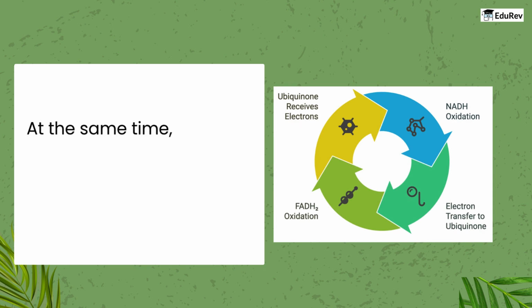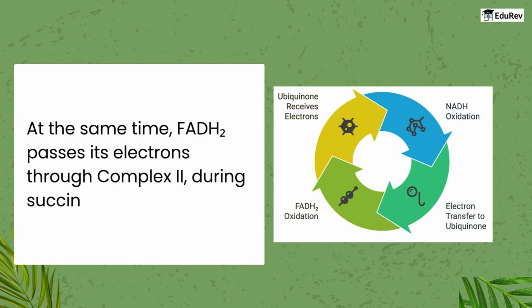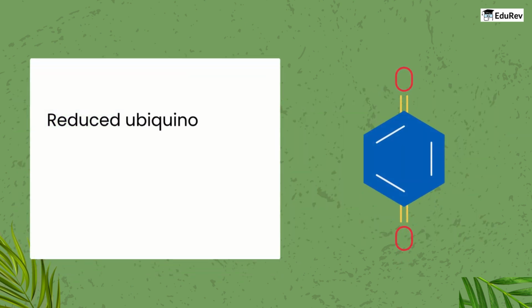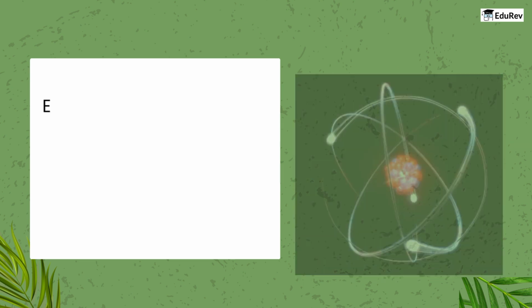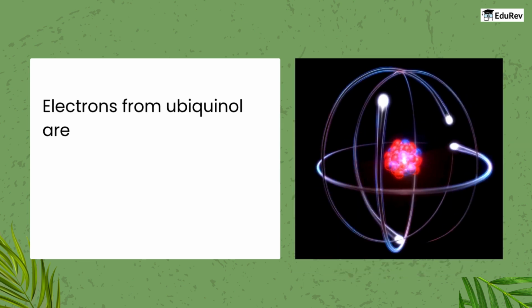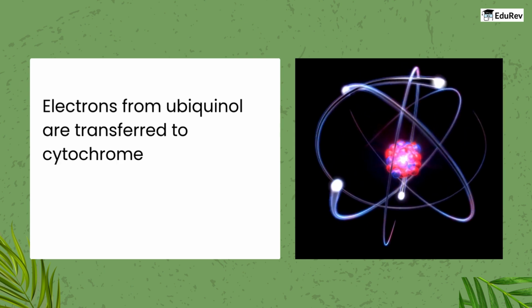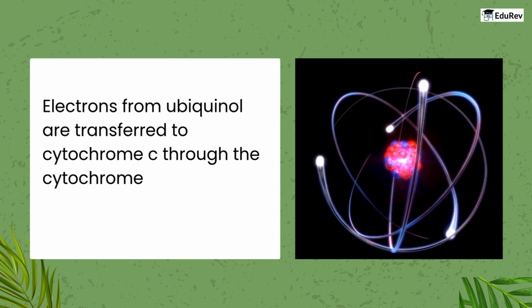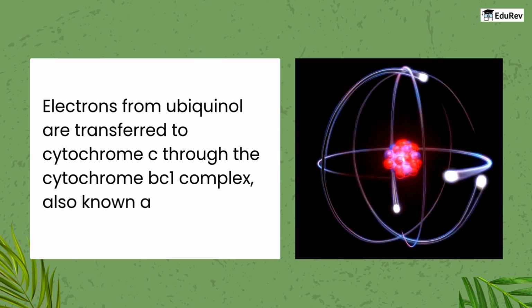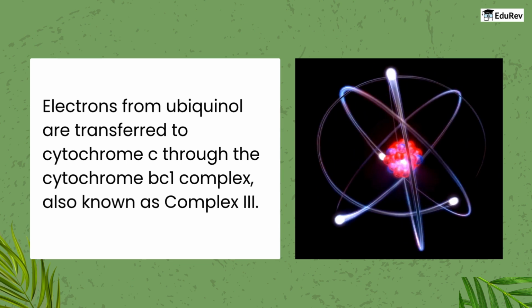At the same time, FADH2 passes its electrons through complex 2 during succinate oxidation. Reduced ubiquinone, also called ubiquinol, is oxidized next. Electrons from ubiquinol are passed to cytochrome c through the cytochrome bc1 complex. This complex is also known as complex 3.